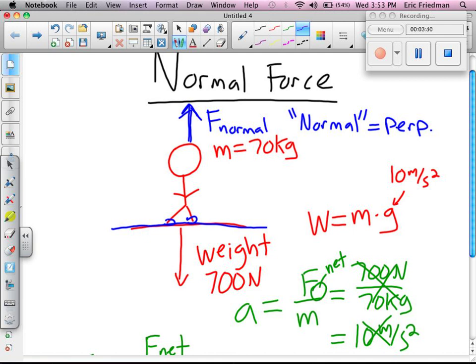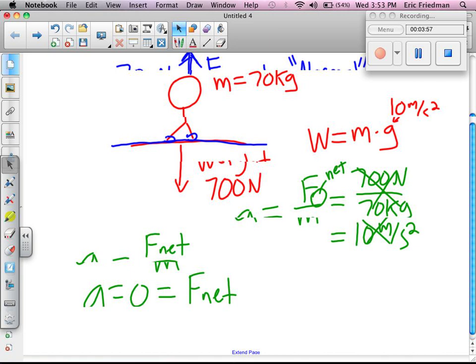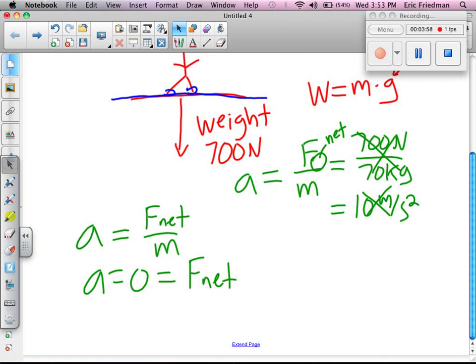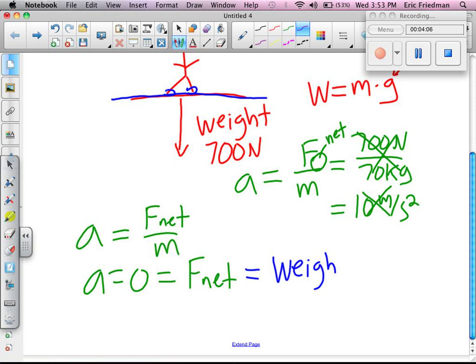That's the normal force. Now we know what the actual number is for the normal force. I know that the normal force here has to be 700 newtons. Why? Because I know that my net force has to be 0. So we can say net force is going to be the weight plus the normal force.